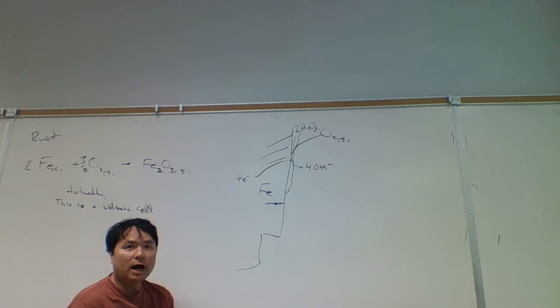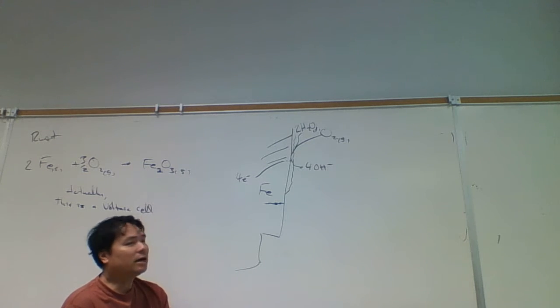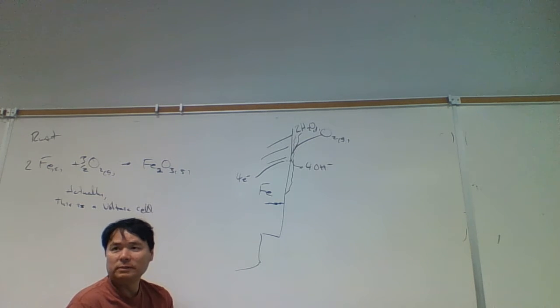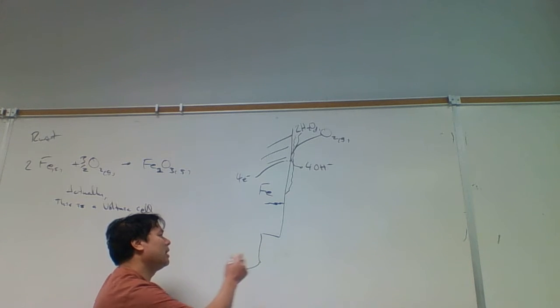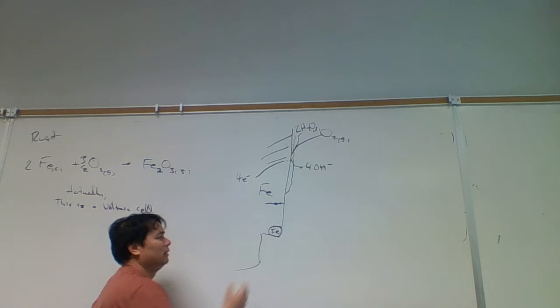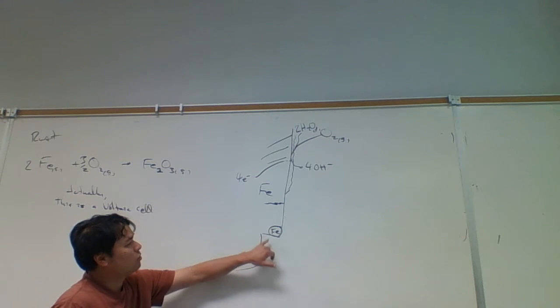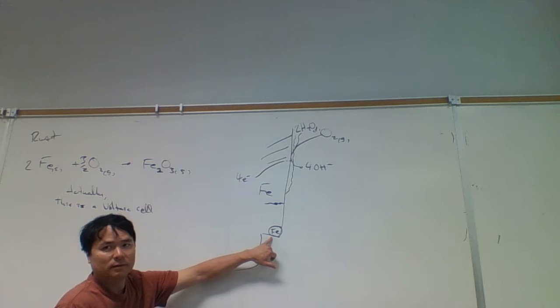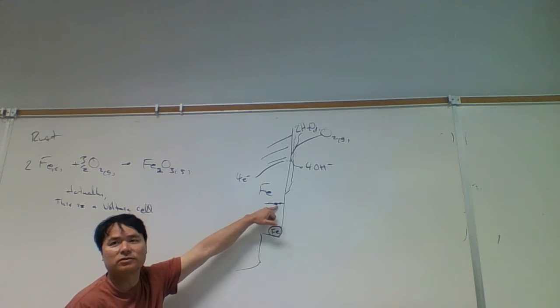Not all the irons in iron metal are equal. Some iron atoms are going to be less stable than others. For example, if I have an iron at a corner here, is it as stable, as tightly bonded, as an iron in the middle of the surface?